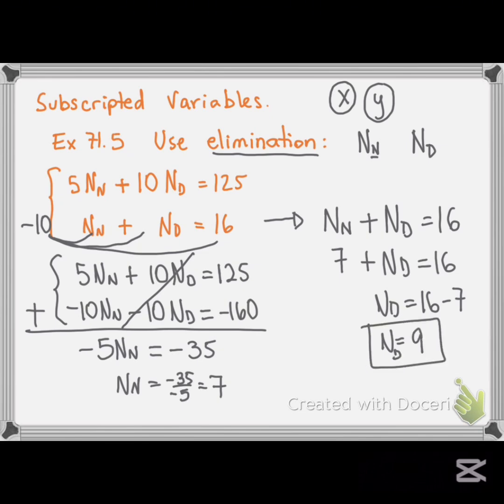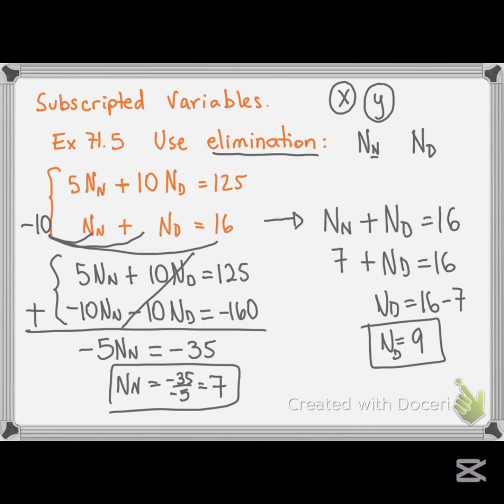Now in this case, we don't write our answer as a point. We don't put 7,9 because we're not talking about a point. We're talking about something else, like nickels, like dimes, like diamonds, like dogs, like whatever the nn and the nd represent. So it's a very simple thing.